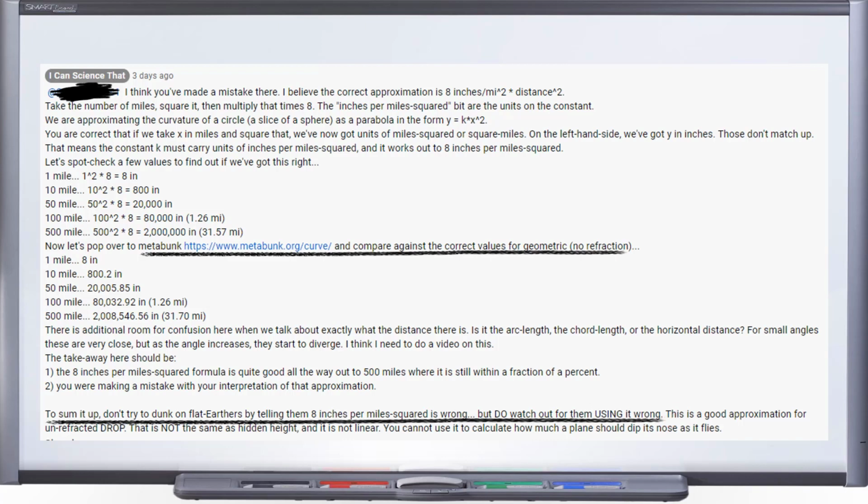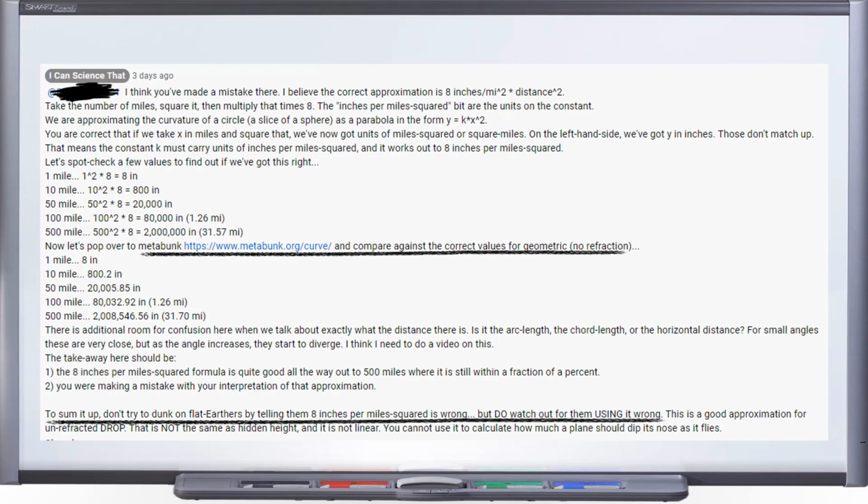I stand by this statement, but perhaps it is worded badly, a little too aggressive maybe. But yes, please stop trying to dunk on flat earthers with false statements.